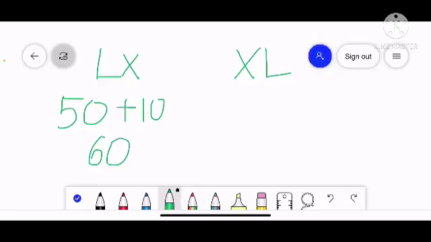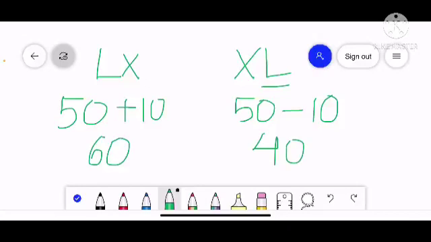Now XL, it means we write the value of L first, that is 50, and on the left side X is written, so we follow the rule. It means minus 10, we will get 40. Even though we are using the same letters, we got different values. So children, always keep in mind where you are putting the symbols, towards the left side or the right side.